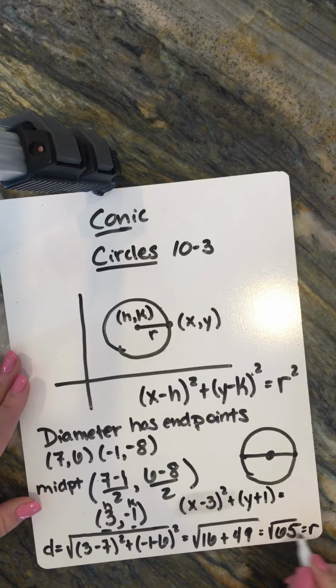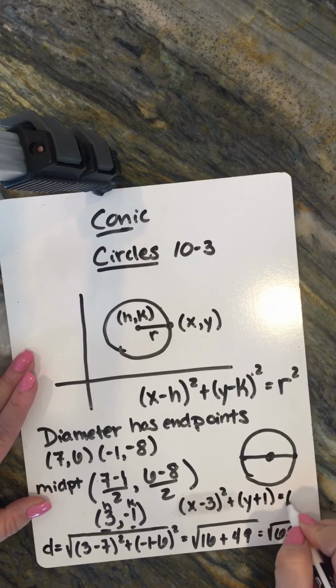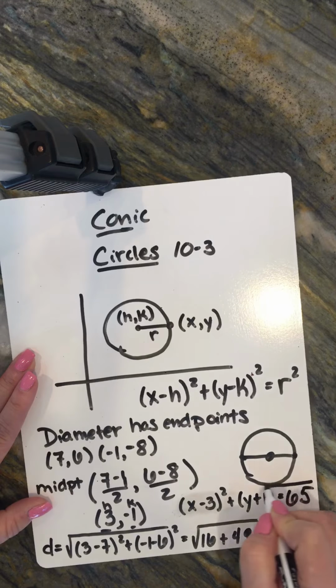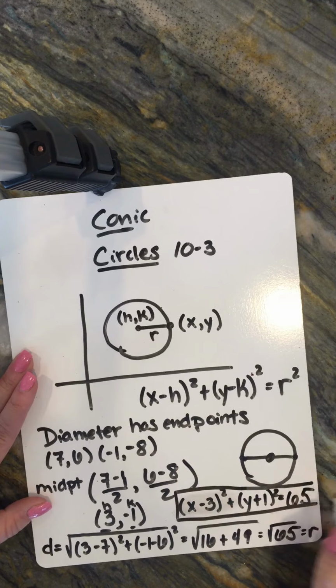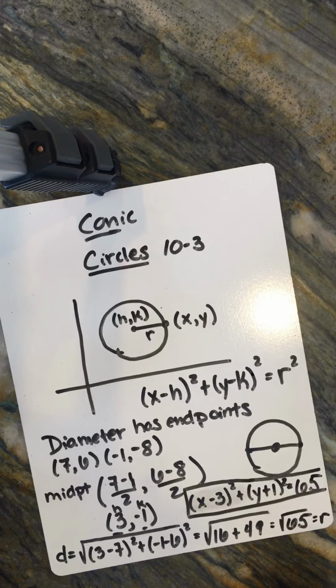Well, r is the square root of 65, so r squared is just 65. Oh, I forgot to square that one. There we go. So there is your circle.